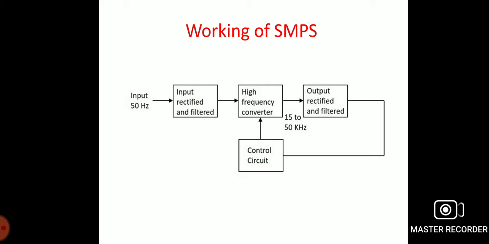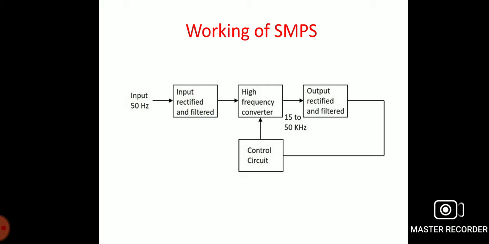This output will have many variations, and the capacitance value of the capacitor should be higher to handle the input fluctuations. This unregulated DC is given to the central switching section of the SMPS.